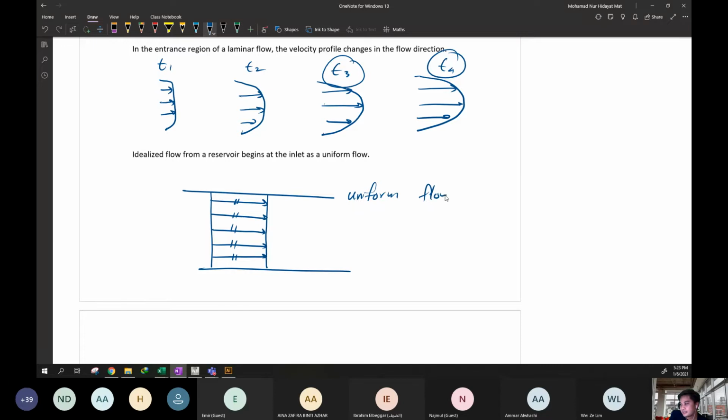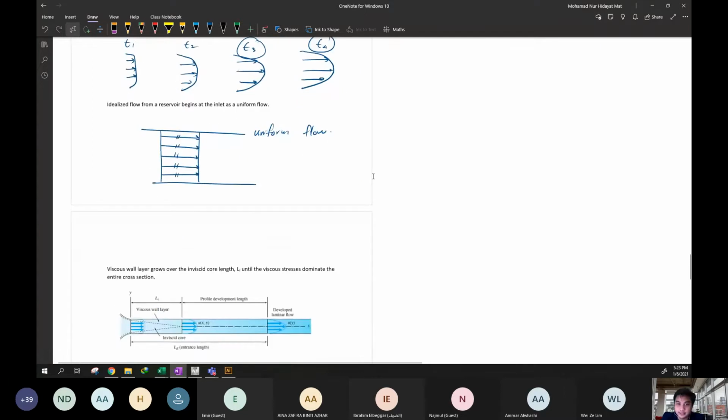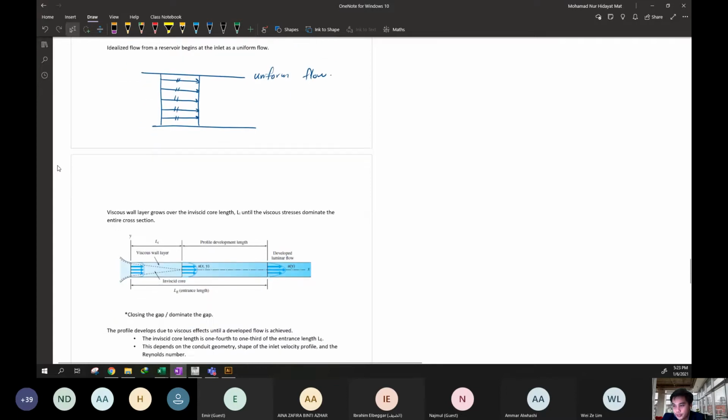Basically, this is just an introduction for the flow in pipe. You need to understand this when you go into the major and minor losses in the pipe. Once you understand this fundamental concept, definitely this will help you to master the next section, which is the major and minor losses, where we use the Moody chart.